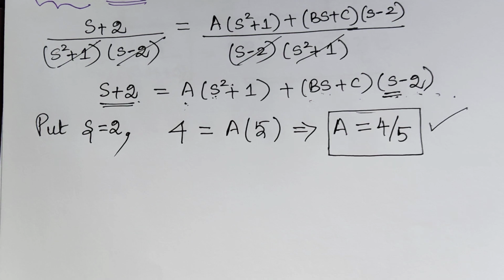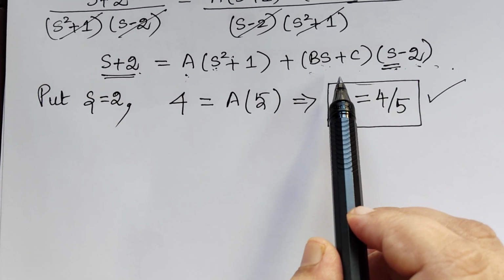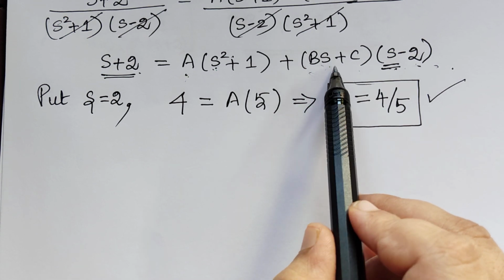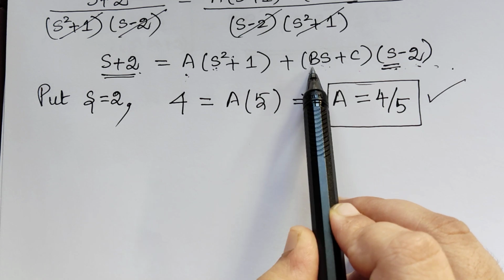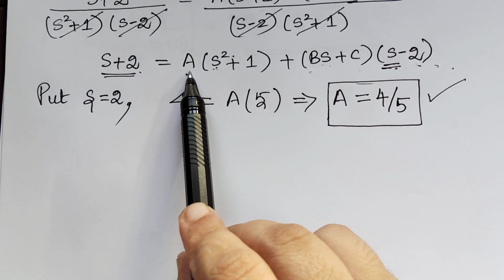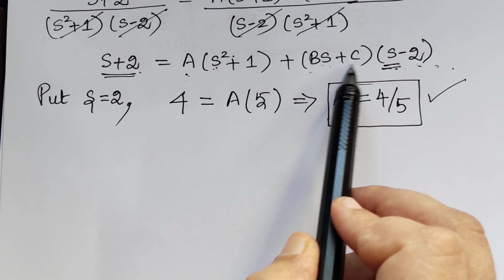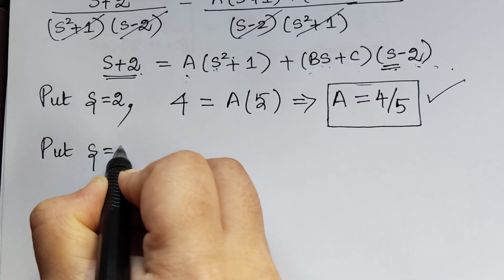Next we have to obtain the value of b or c. So let me find the value of c first, because we have s over here, so that if we put s as 0, this term will easily vanish, and we have already found the value of a. So if we substitute that, we will easily get the value of c. So for that we will put s is equal to 0.